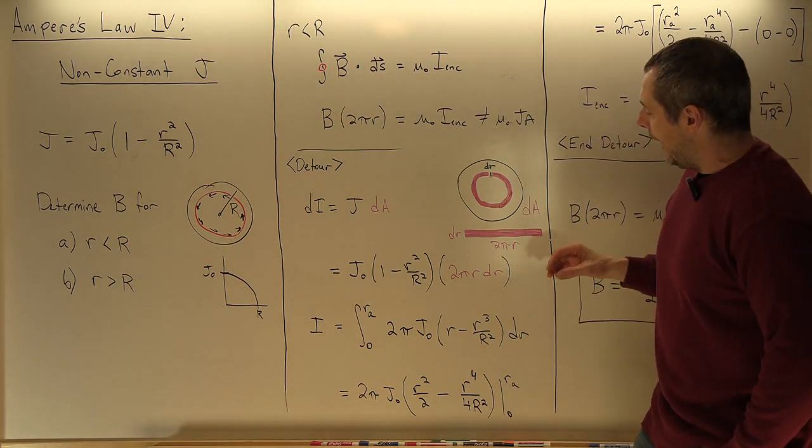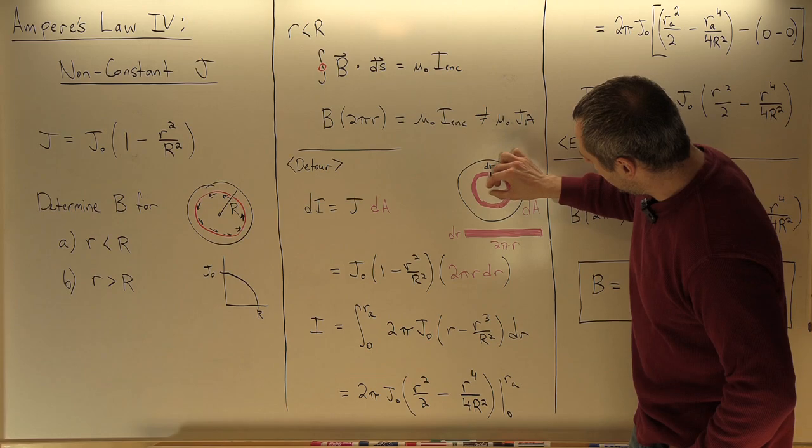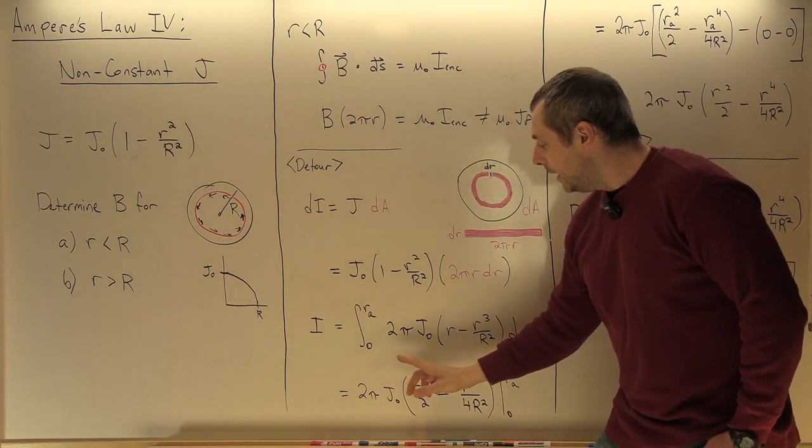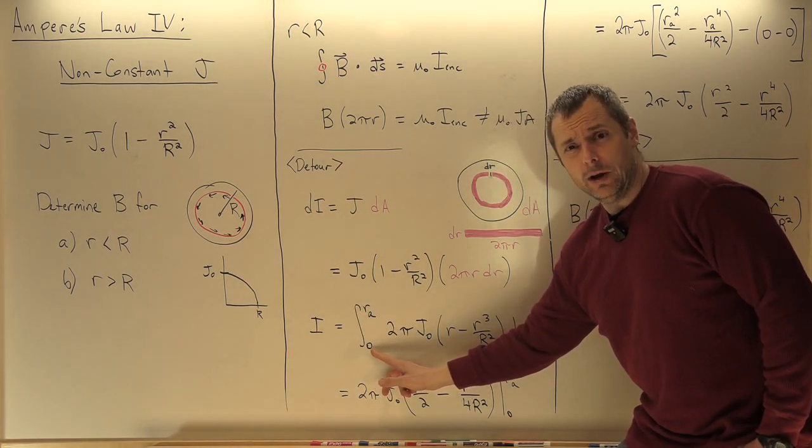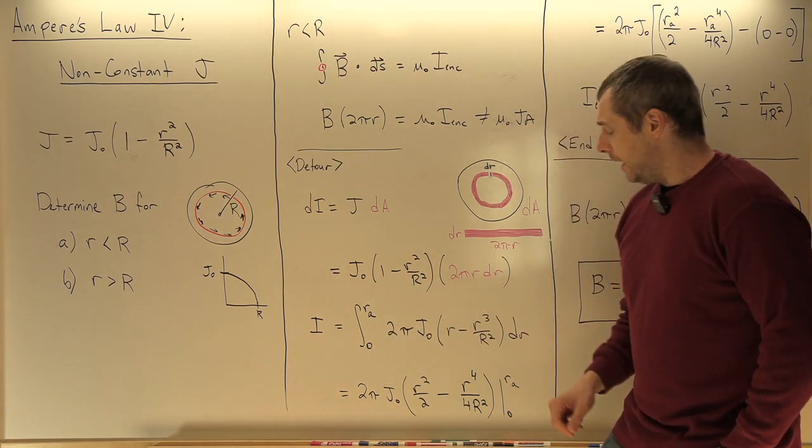Now we're going to add up all the currents in all the rings, starting from a small ring out to our Amperian loop. In other words, we're going to integrate from a tiny ring of radius approximately 0, up to our Amperian loop.